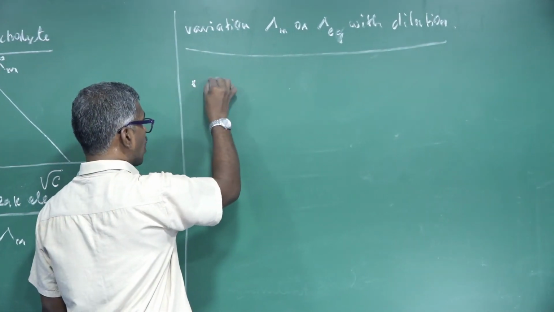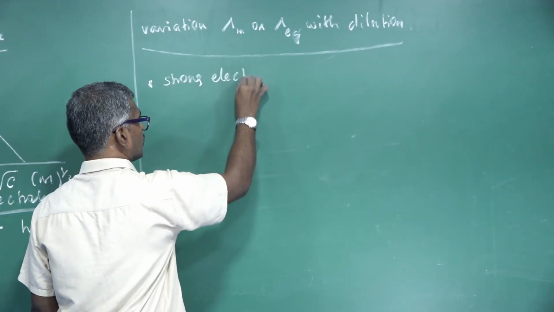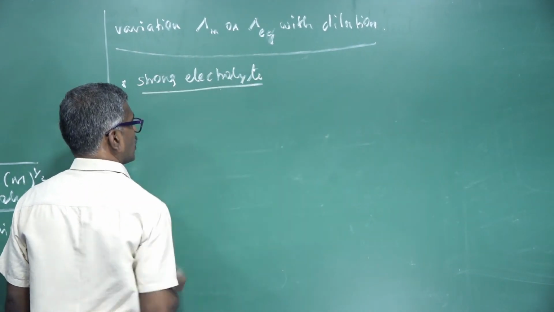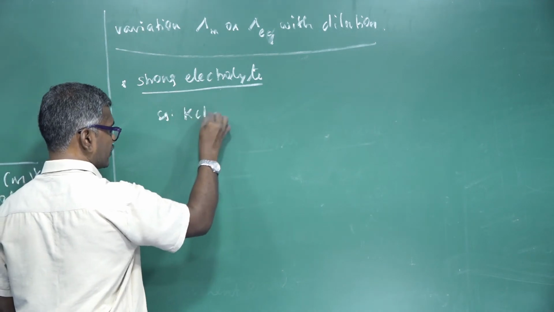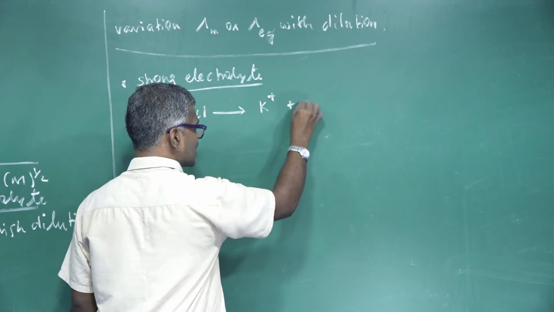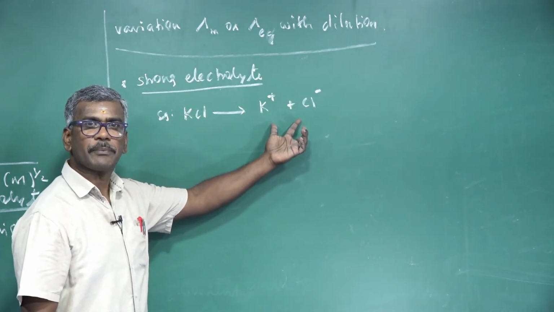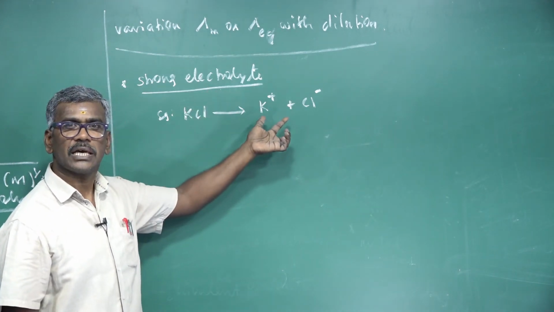For example, the strong electrolyte KCl is completely ionized in water to form K plus and Cl minus. Here, the number of ions remains constant, as a strong electrolyte is completely ionized in water.